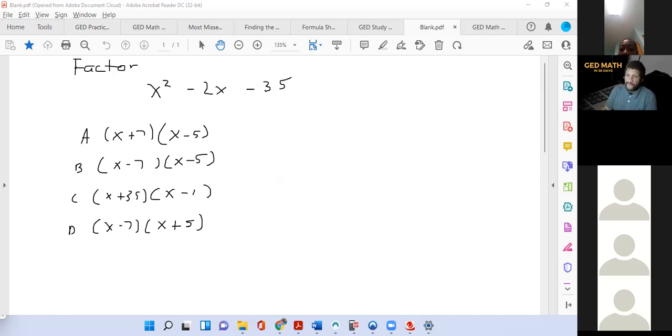A, B, C, or D. Factor x squared minus 2x minus 35.